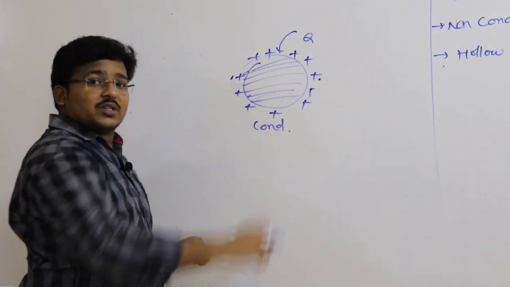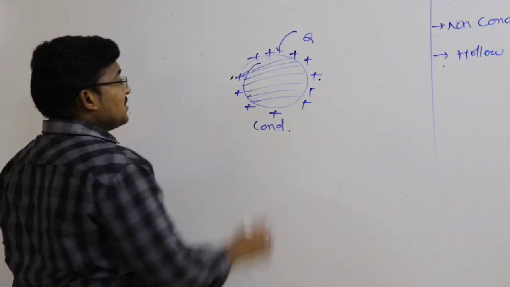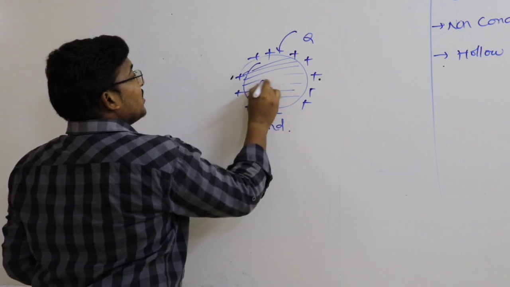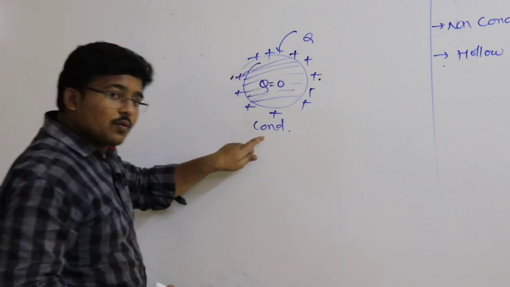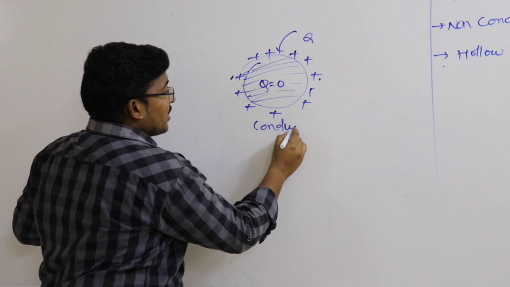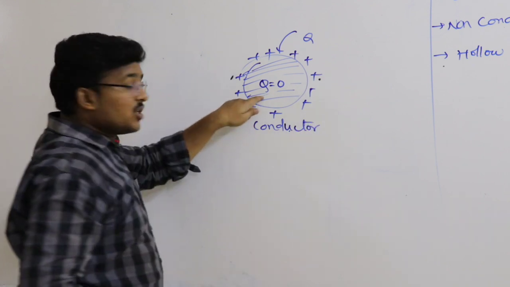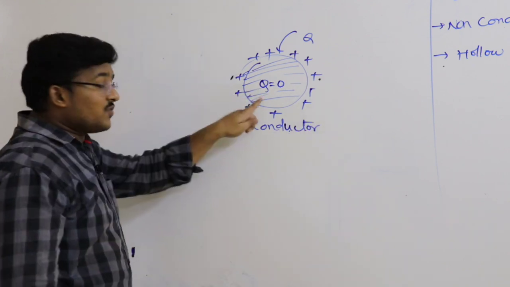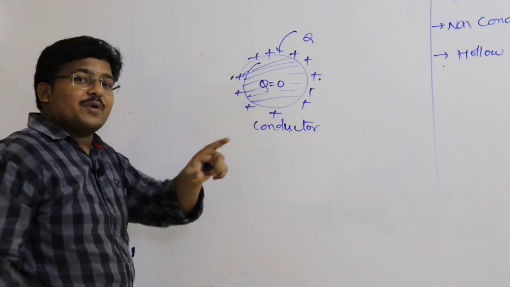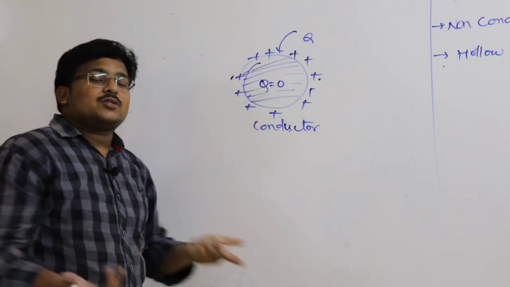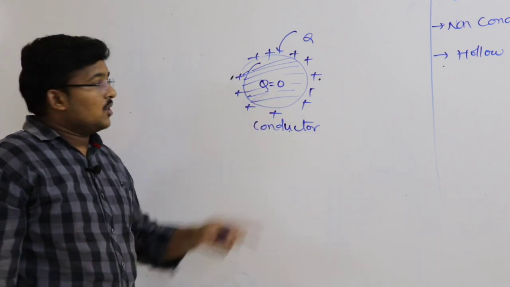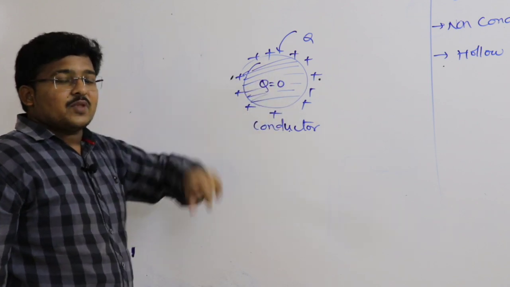It cannot be stored inside. Means the charge inside is 0. That is why the electric field is not there inside, because the charge is not there. So how can a field be produced? So the inside electric field is 0.